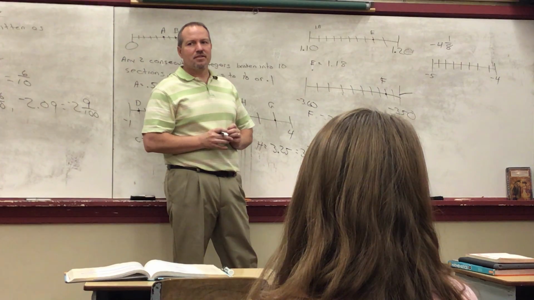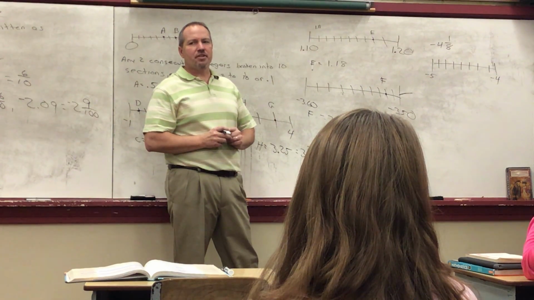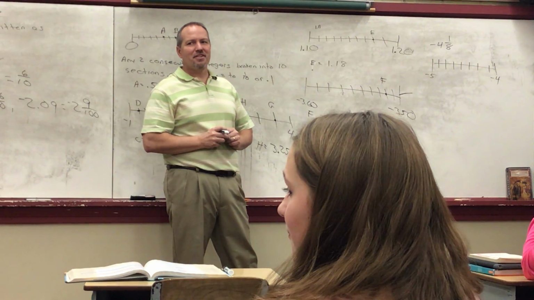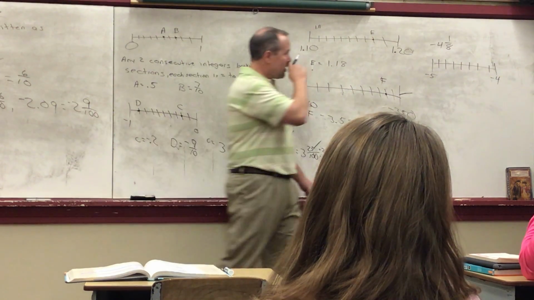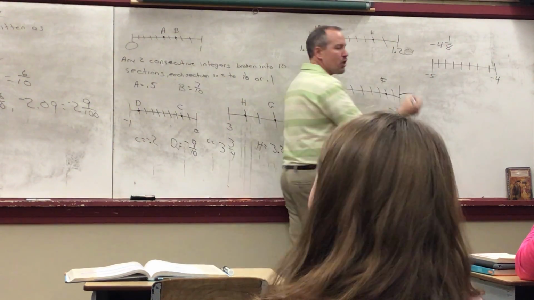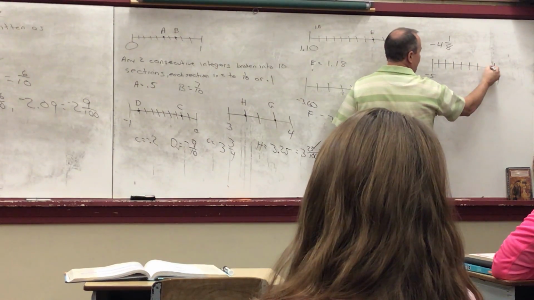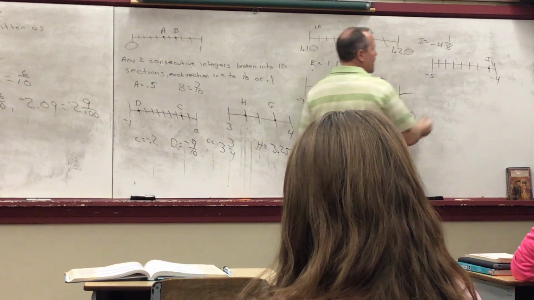On the mark after the 4. Which direction? Left. How many places? 1. It's negative 4 and 1/8, so we're going to go for the 4. We're going to count 1 place to the left. So right here would be letter I. Negative 4 and 1/8.